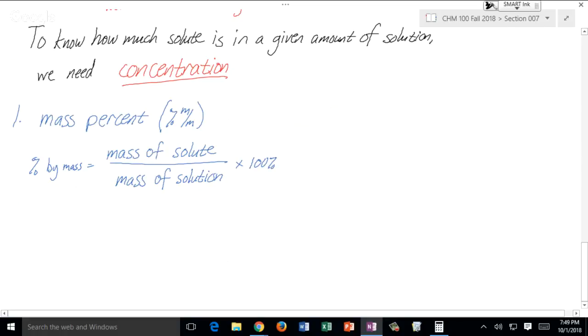Now that's not some fancy kind of equation, that's just a percent. It's simply dividing two things, like taking the percent of it. So if we have a 25% solution of sodium chloride, that means that by mass, when we weigh it out, that solution is 25% sodium chloride. Whatever that is, you calculate your percents and you've got it.